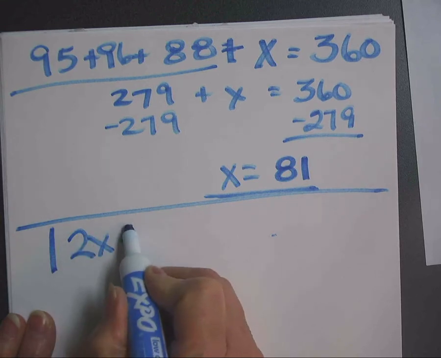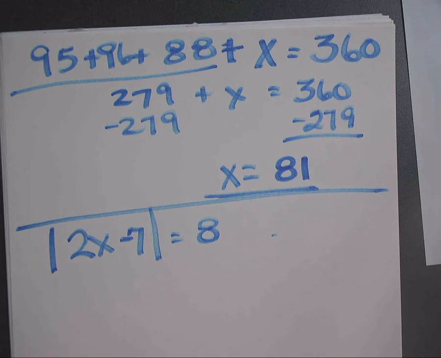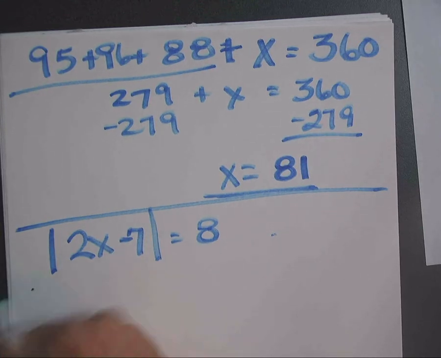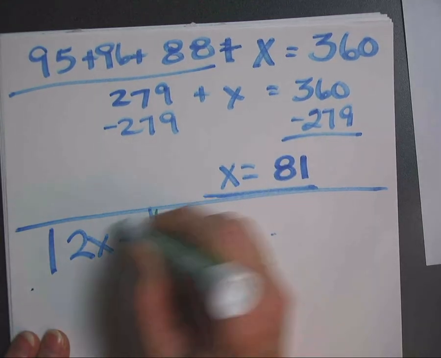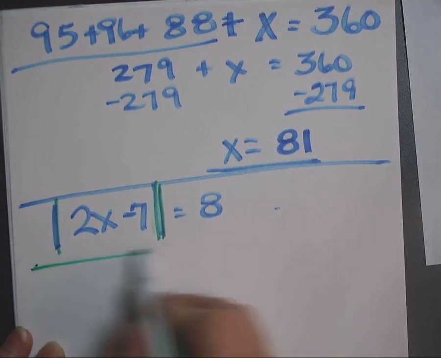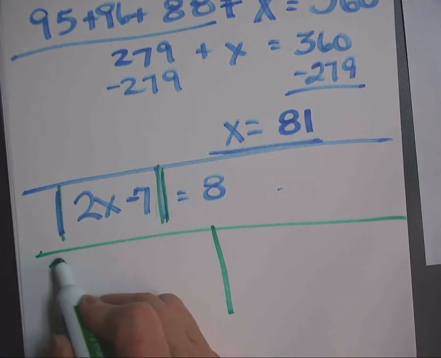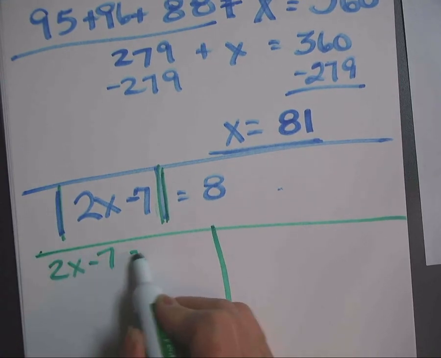Okay, here's what to solve. And we've already got this by itself, on one side. So what do you do to solve that? You're gonna write the same thing, but the other side's gonna be a negative 8. Same thing.